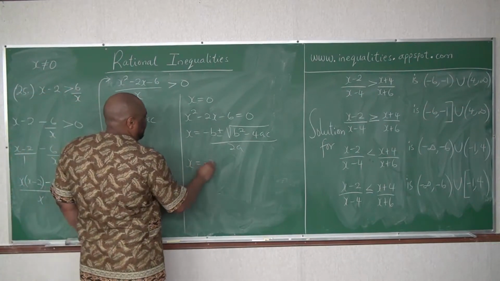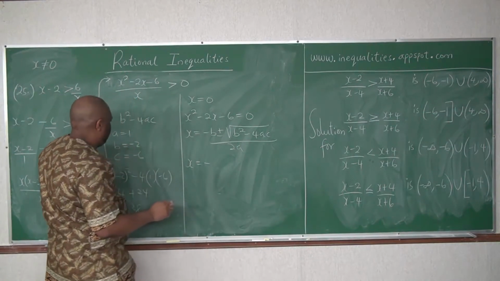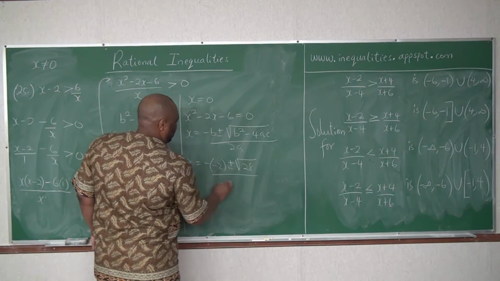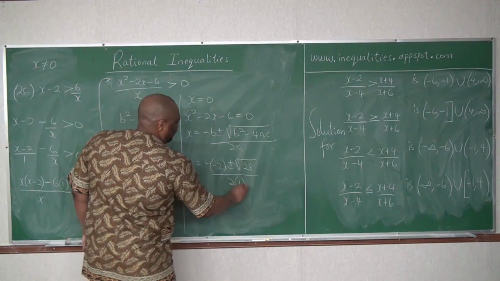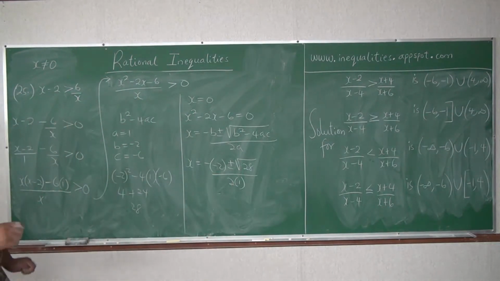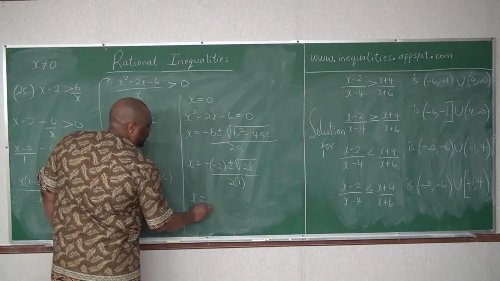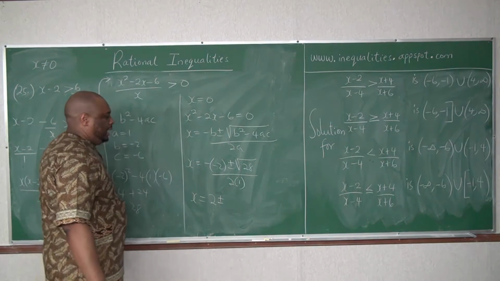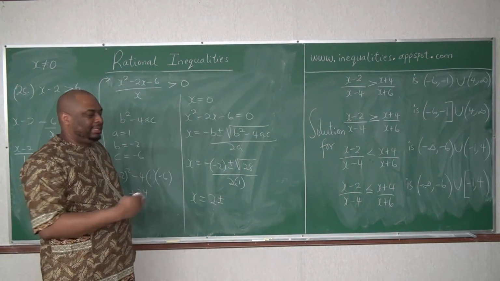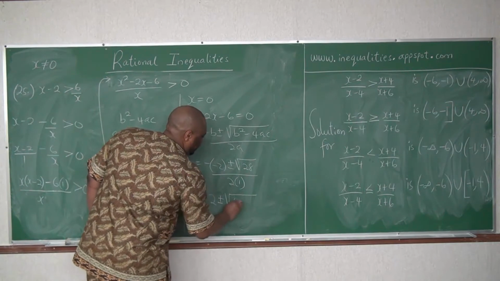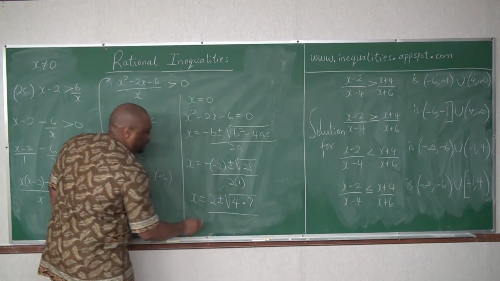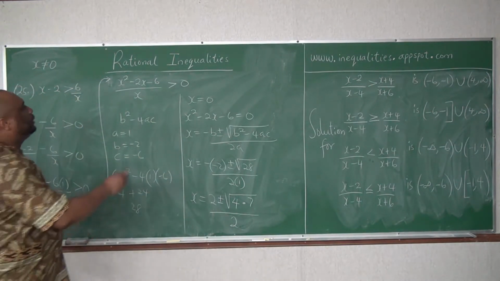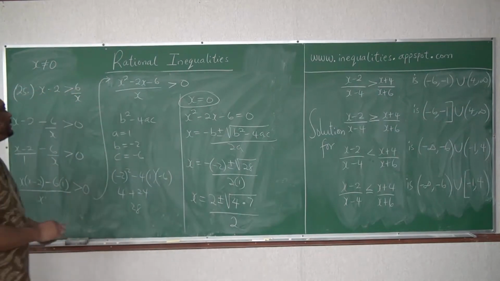So x is 2 plus or minus square root of 28 all over 2 times 1. We can simplify this: square root of 4 times 7 all over 2.